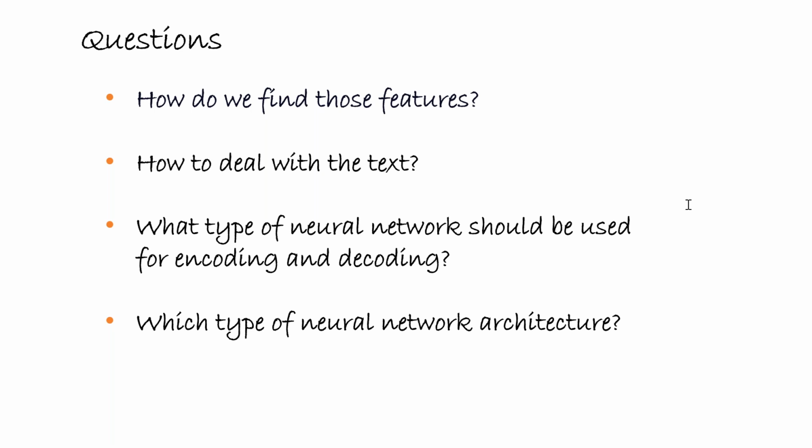So what type of neural network should be used for encoding and decoding? That's a decision that we make based on what we are translating, and how much advantage they have over other models, right? That is an intuitive decision that we need to make.